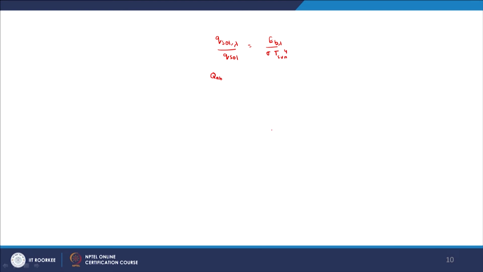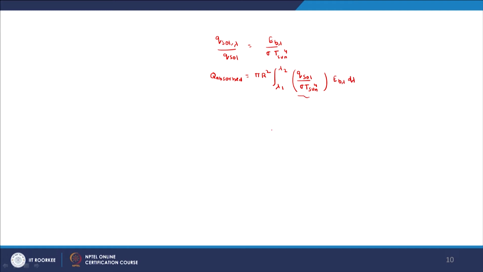Now, our Q absorbed becomes pi r square integral from lambda 1 to lambda 2 of q sol by sigma T sun power 4, E b lambda d lambda.